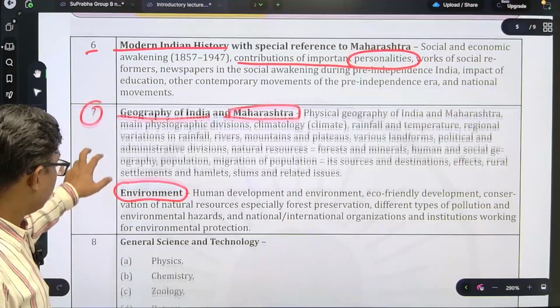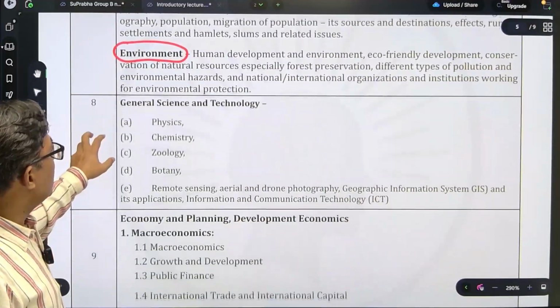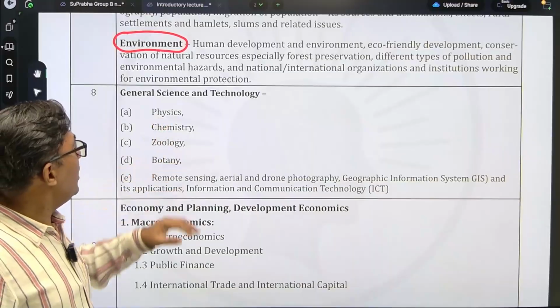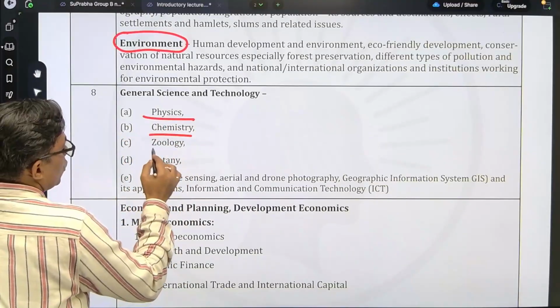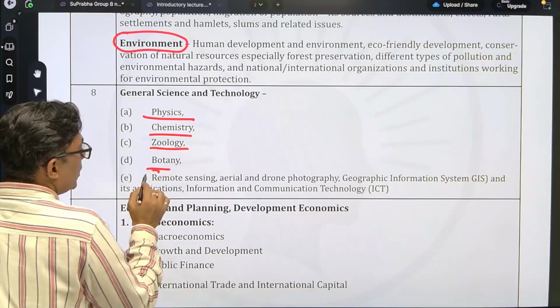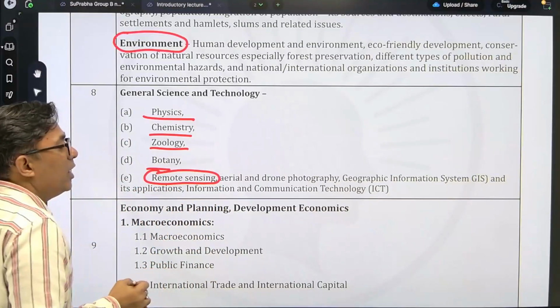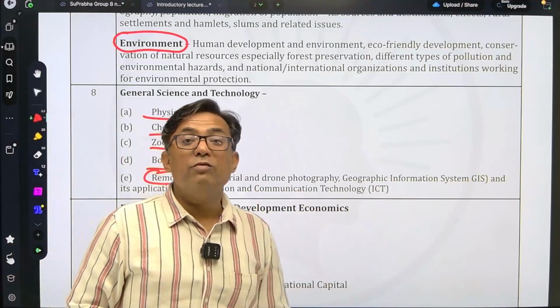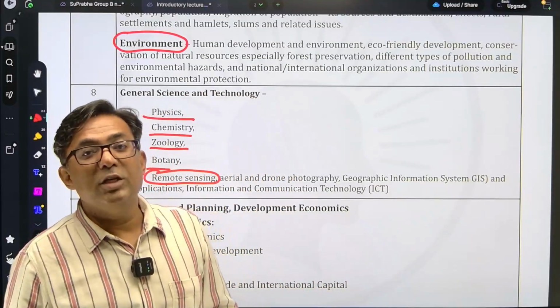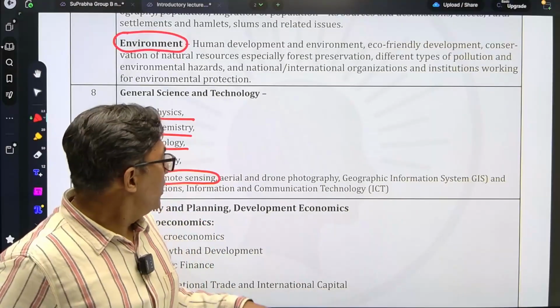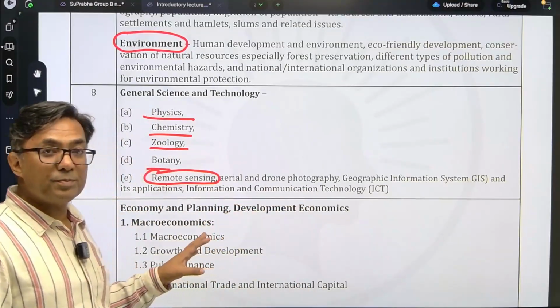Moving ahead, the eighth one is general science. Again, in general science, you will have the same physics, chemistry, zoology, botany, and over here they have included remote sensing, aerial and drone photography, geographical information system, and how you can use information and communication technology for space studies, that is ICT.